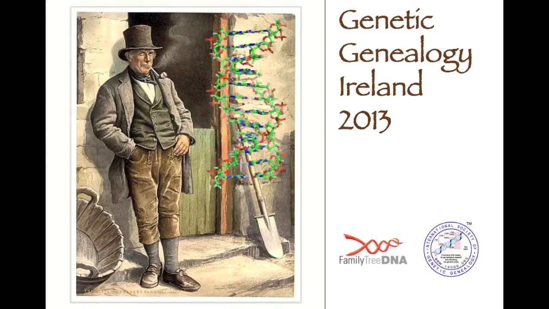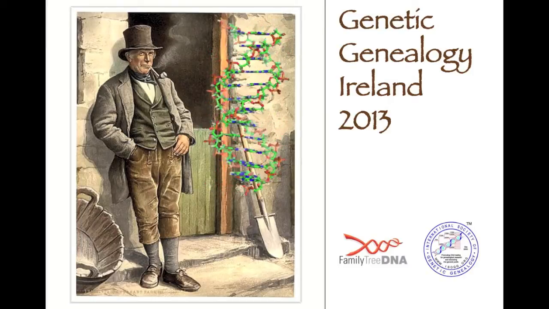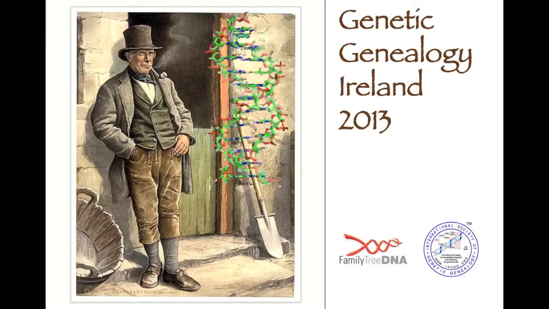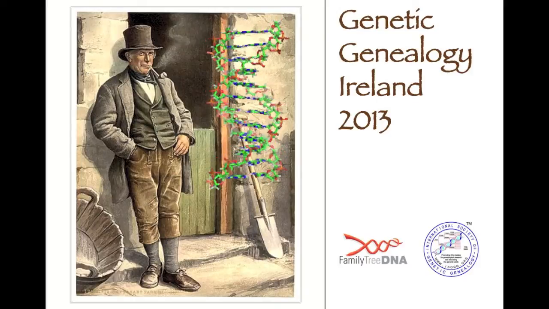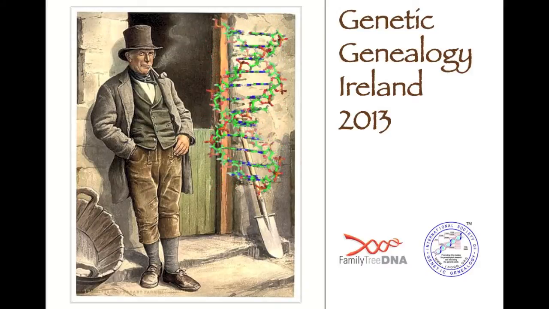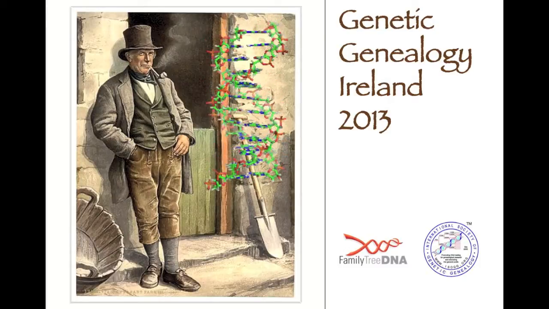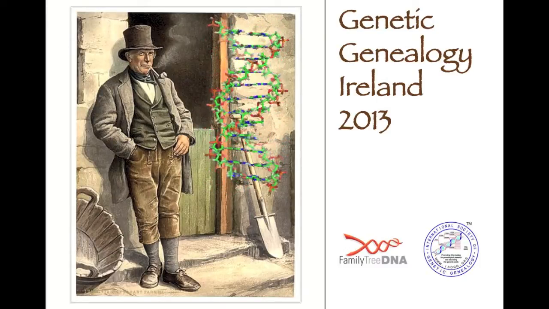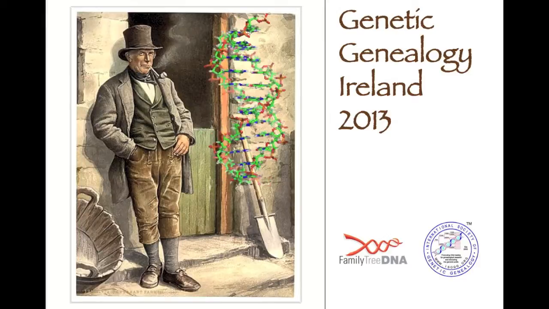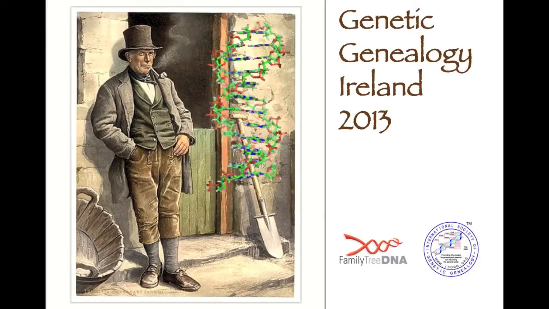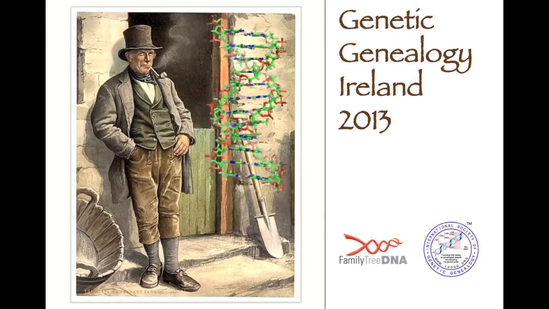That has a 10 instead of 11 at 385A. It has an 11 instead of 12 at 439. It has a 24 instead of 25 at DYS 447, and so on. And if we go across 111 markers, we know there are 12 locations where mutations away from L21 occurred.